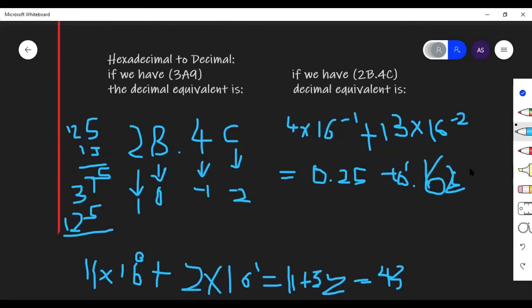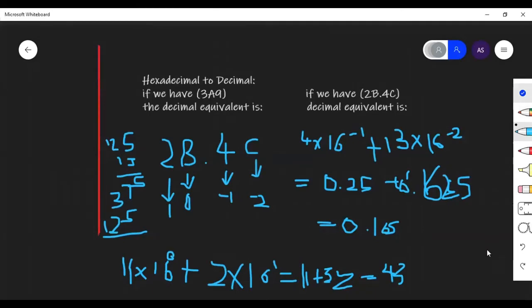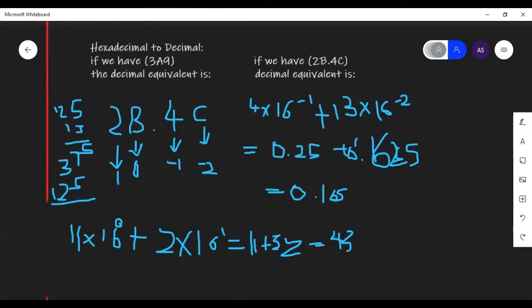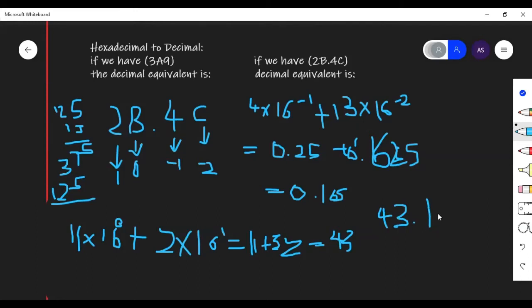And if you solve this yourselves, that's actually more important than me doing the whole thing. So it's 0.296875, but we don't have to consider all of that since it doesn't matter. So finally, our answer would be 43.296875. So that is our final answer.